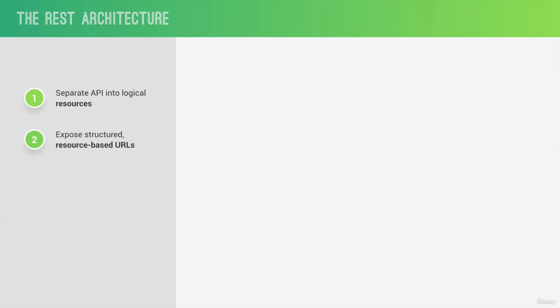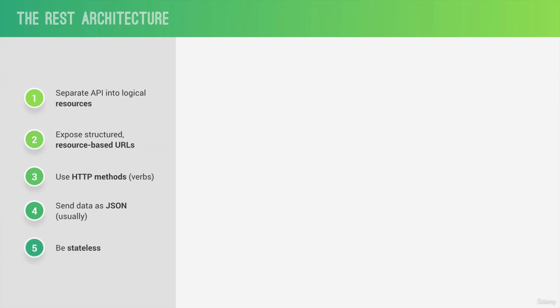To perform different actions on data, like reading or creating or deleting data, the API should use the right HTTP methods and not the URL. Now, the data that we actually send back to the client or that we receive from the client should usually use the JSON data format, with some formatting standard applied to it. Finally, another important principle of REST APIs is that they must be stateless.